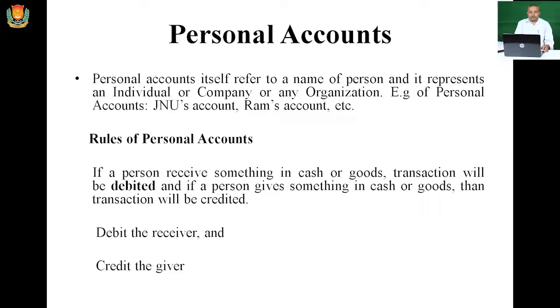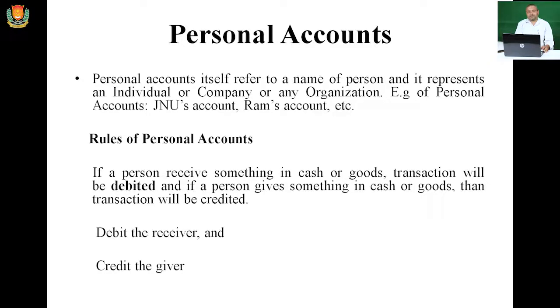So if there is any personal account in the transaction, then it will be debited or credited according to the rule of personal account. The rule of personal account is: debit the receiver and credit the giver. If anyone receives something, then he is debited.